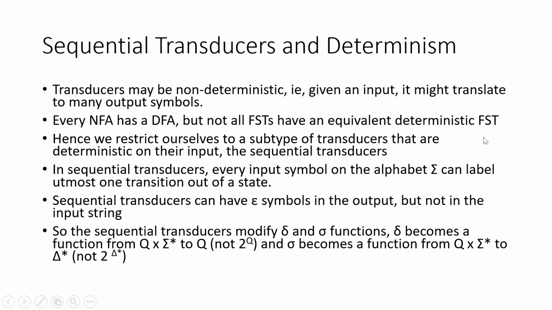If that were possible, then you could convert any FST to a deterministic one. So we restrict ourselves to the subtype of transducers that are deterministic on their input, and those are sequential transducers. In sequential transducers, every input symbol on the alphabet can label at most one transition out of a state.